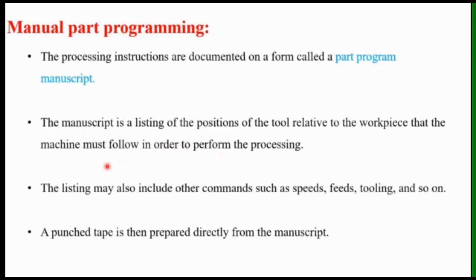The listing may also include other commands such as feed, speed, tooling, and so on. The punched tape is then prepared directly from the manuscript, so precise data should be there in the manuscript.